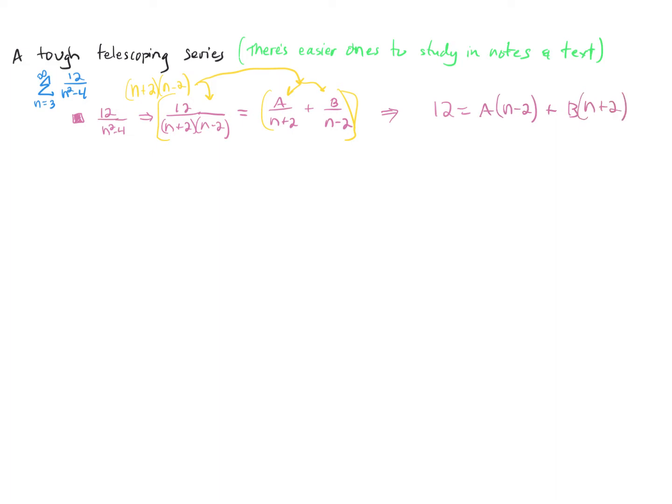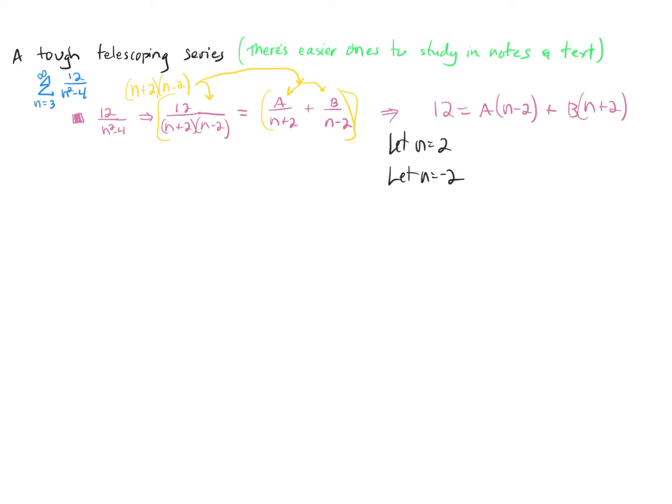Next, we need to find out what a and b is. That's the whole point. What is this fraction? What are the numerators? So to do that, we will let n equal positive 2, and then we'll let n equal negative 2. Why? Because that will force one or the other of these terms to cancel out.